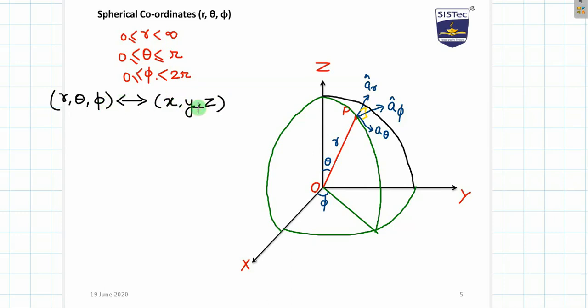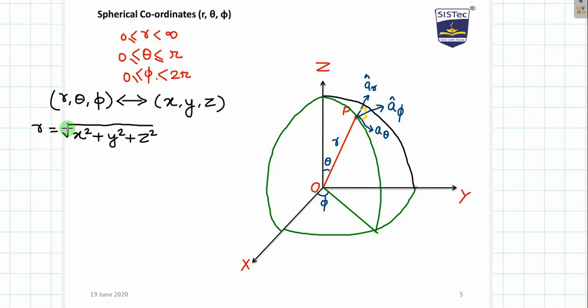We want this transformation. So if point P has coordinates x, y, z, then R will be equal to the root of x square plus y square plus z square. So this will be your R.